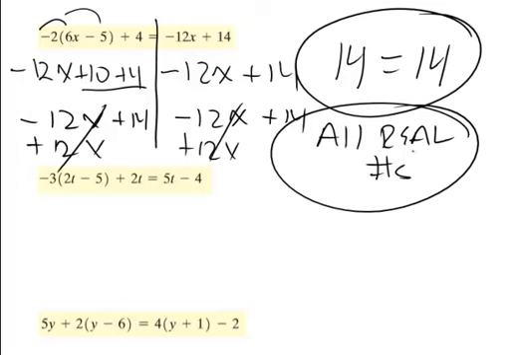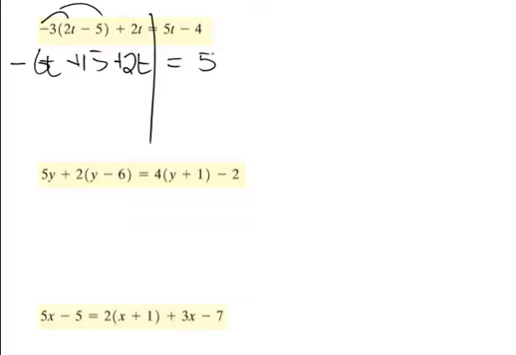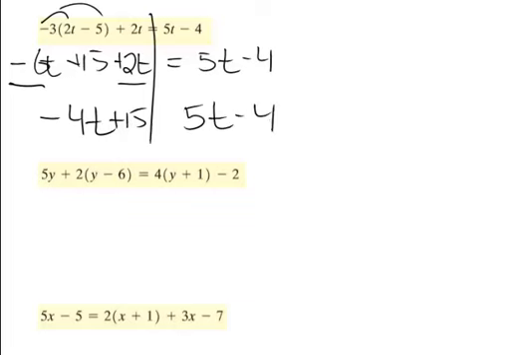All right, let's try the one underneath that. Okay, so I'll draw my line coming down this way. Draw my line, distribute. So that is a negative 6t, a plus 15 plus 2t equals 5t minus 4. Combining my negative 6t and my 2t, I have a negative 4t plus 15 equals 5t minus 4.